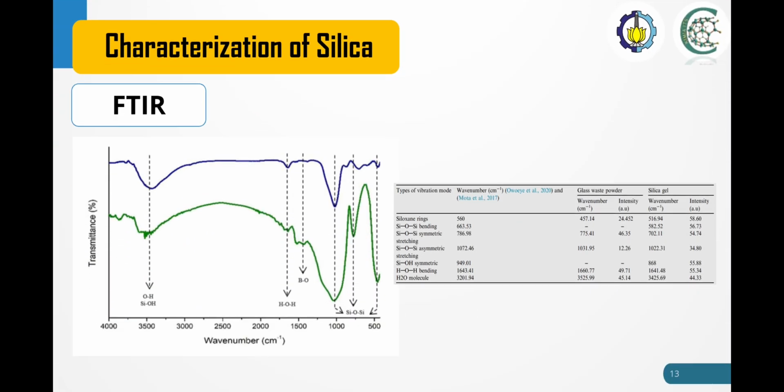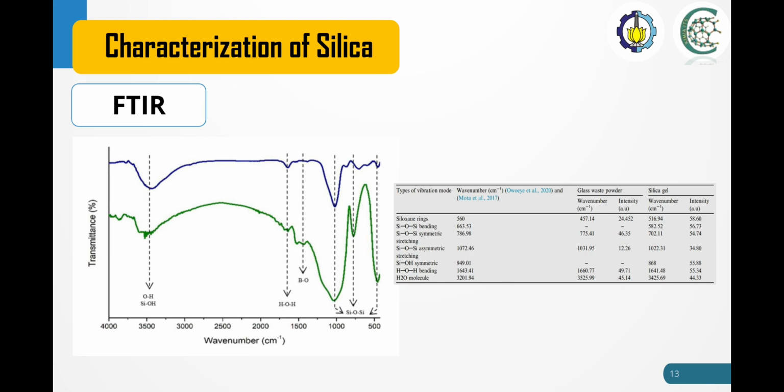The characterization of silica using FTIR, Fourier transform infrared spectrophotometer. Analysis of chemical glass bottle powder and synthesized silica gel was shown in that picture. Besides that is the table result of the identification of peaks detected using FTIR.